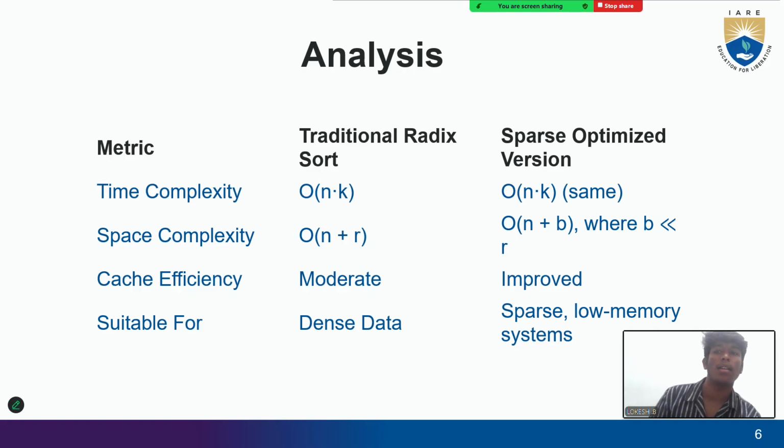Normal radix sort is suitable for dense data, and this one is suitable for low memory systems like mobile phones. In PCs, we can use the standard radix sort, whereas in mobile phones or other low RAM systems, we cannot use the standard radix sort.